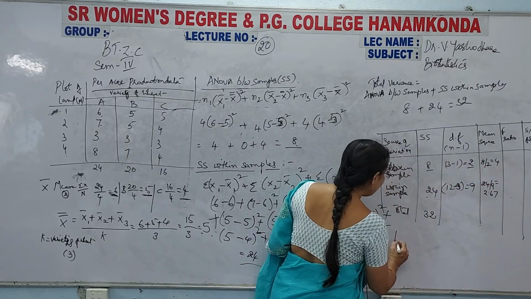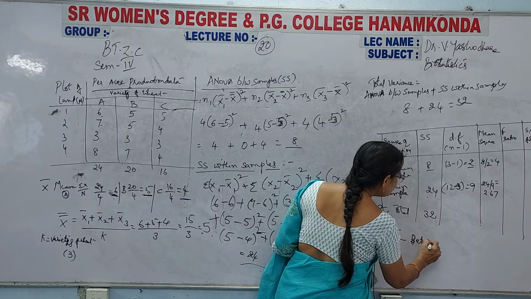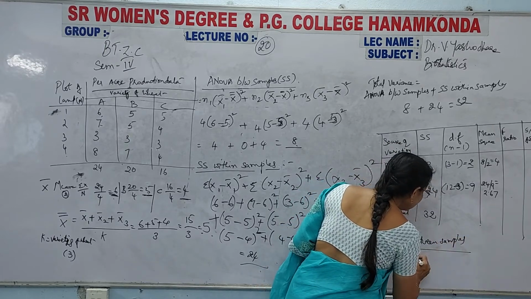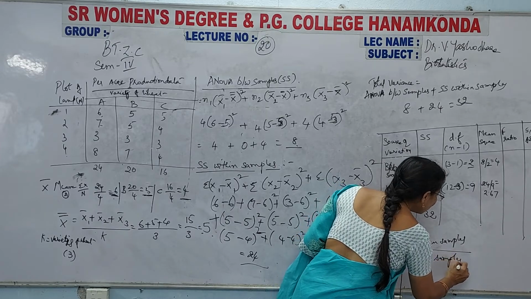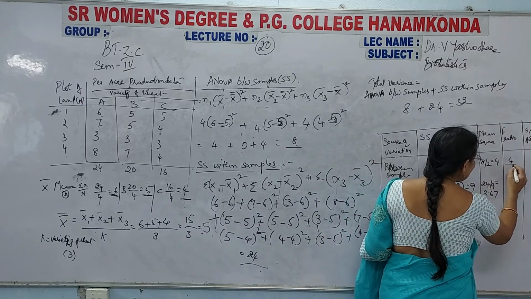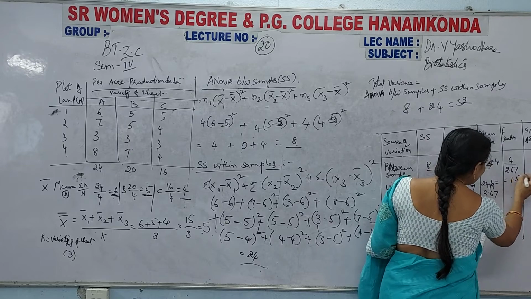అంటే ఏంటి? ANOVA F is equal to between samples by within samples. That is between sample is 4 by 2.67 is equal to, you got 1.5.